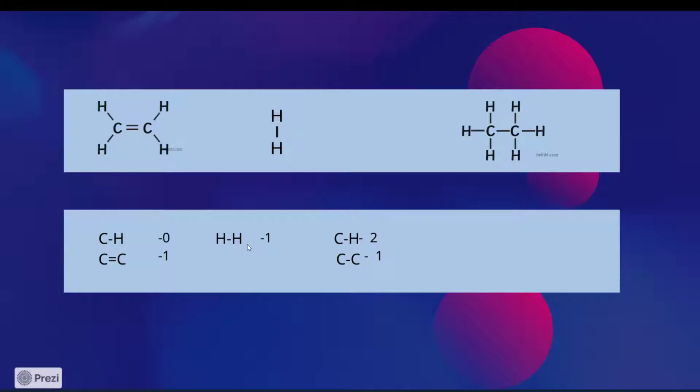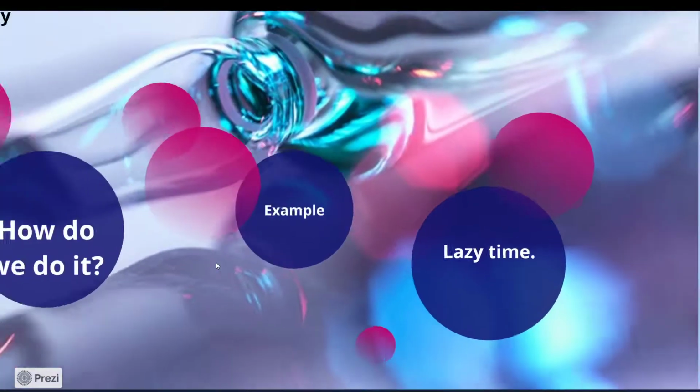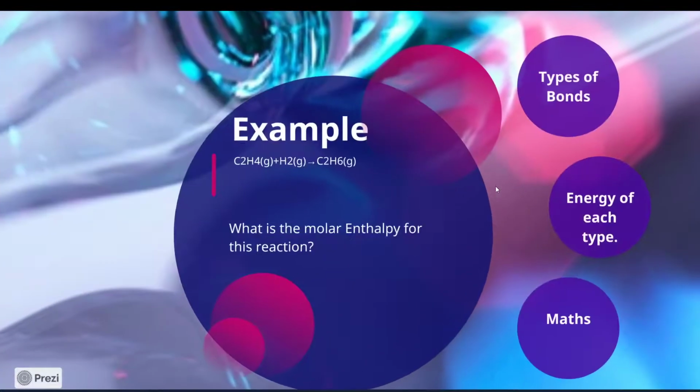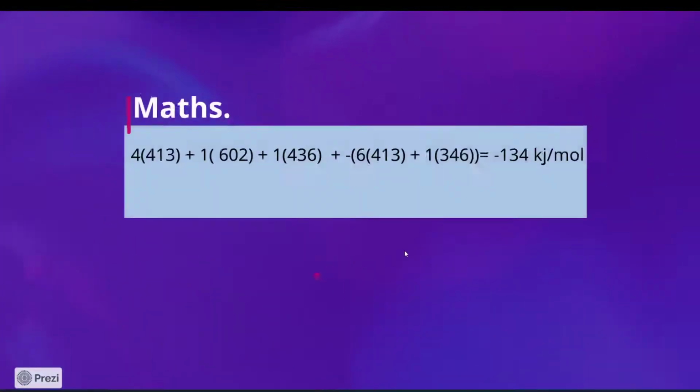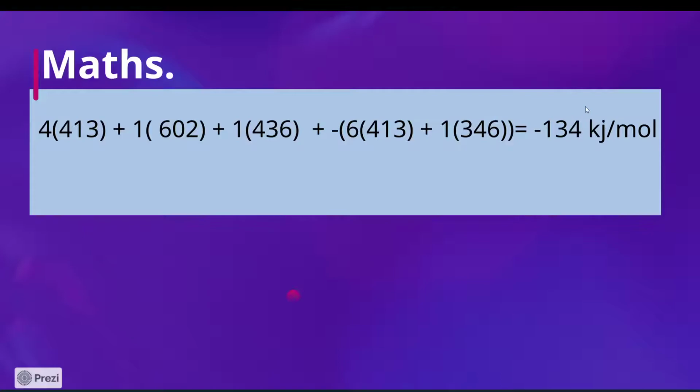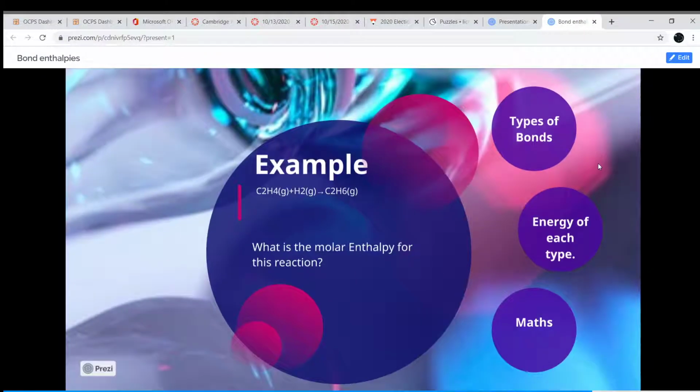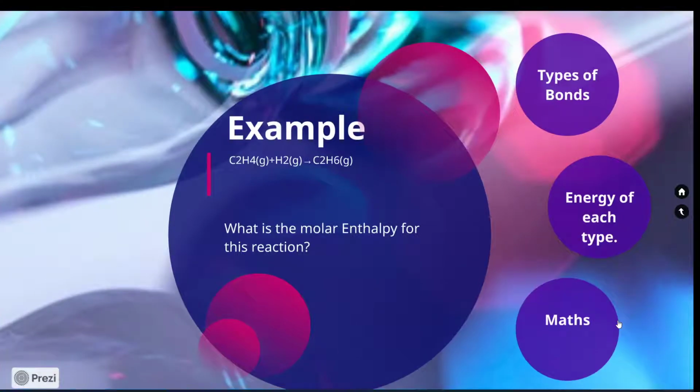So that's going to be our actual difference, which means we can do that difference instead. And when we go through that process, we'll still get the negative 134 kilojoules per mole. All right, and that's the lazy way for solving problems like that one right there.